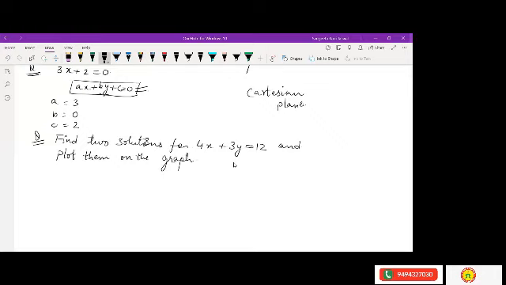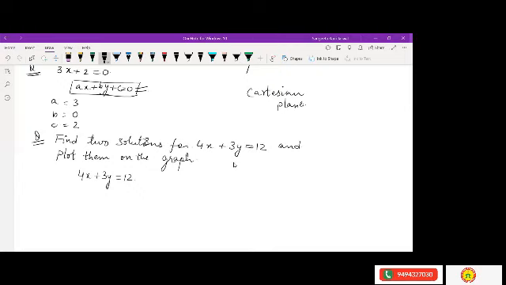Yes, please do this. Now I'll show you here. 4x plus 3y equals 12. Others, please start doing. Pranav, it's your first class. As we have done in the previous question, the same way you have to do.